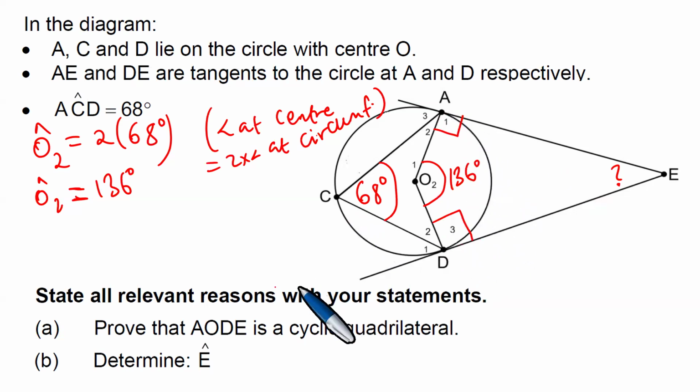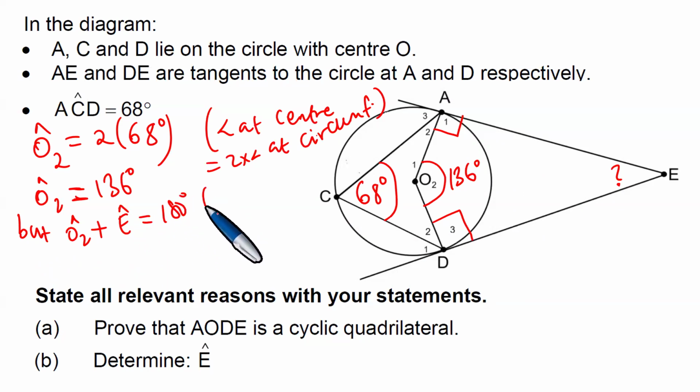And at this point, we know that AODE is a cyclic quad, so that we can then say angle O2 plus angle E is equal to 180 degrees.